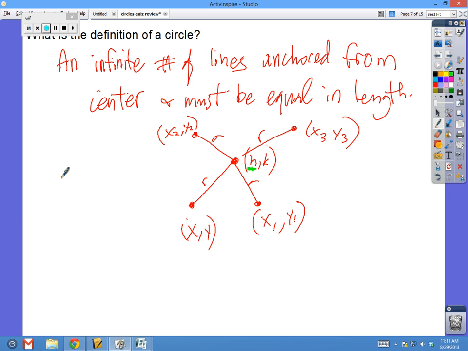So let's do any one of those x's minus the center, and you've got to square it. That's your a squared plus what? y minus k, any one of these y's minus your k, squared. That will give you radius squared.